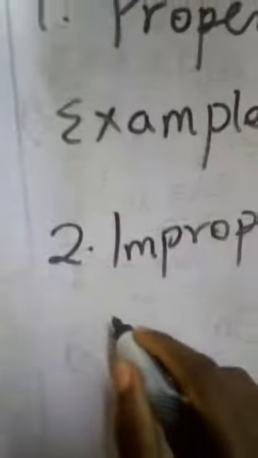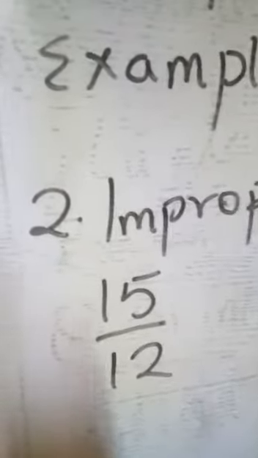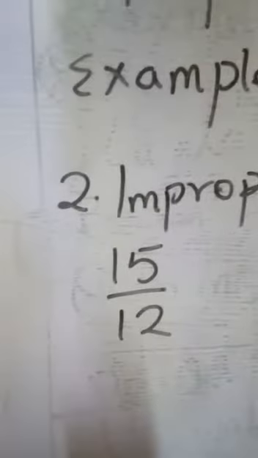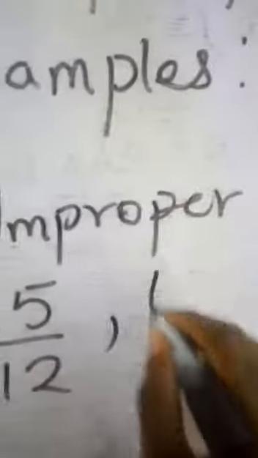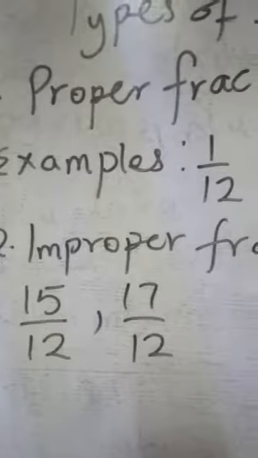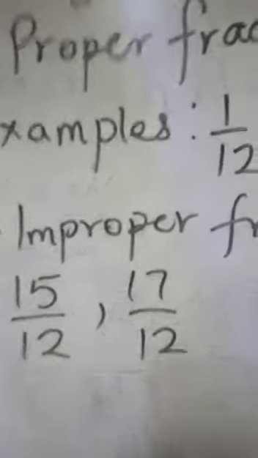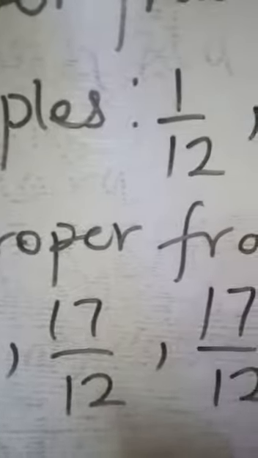No. So an example of improper fraction is 15 over 12. It's not possible. It is impossible. It is improper. Another example of improper fraction could be 17 over 12. Can you give your brother 17 biscuits out of 12 biscuits? No, that is not possible.